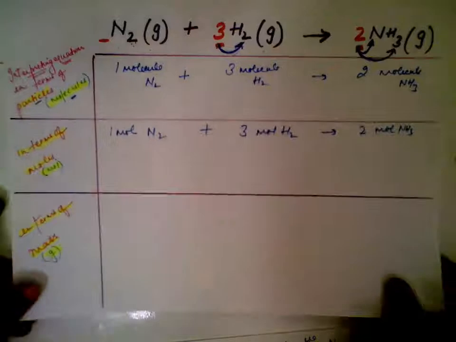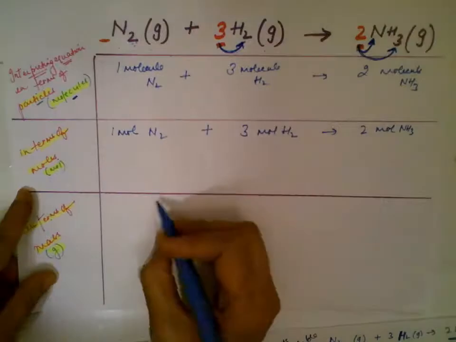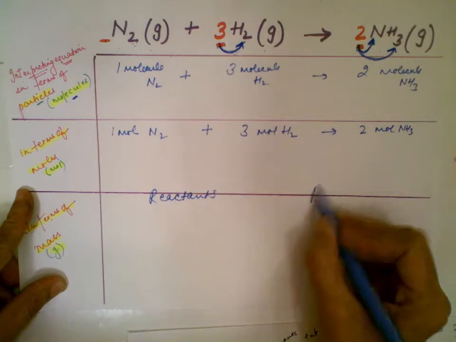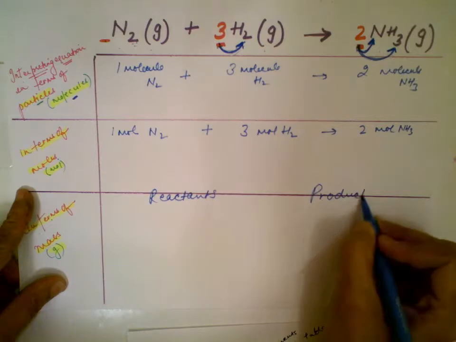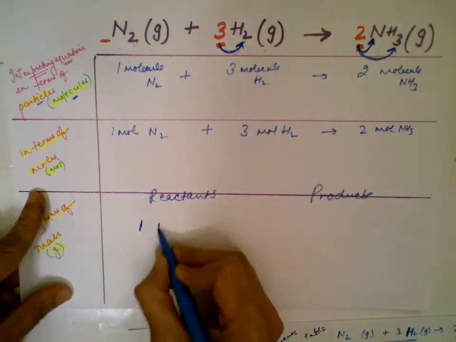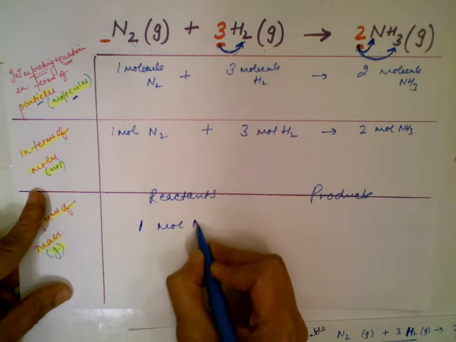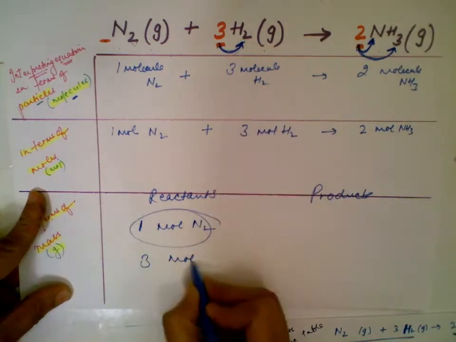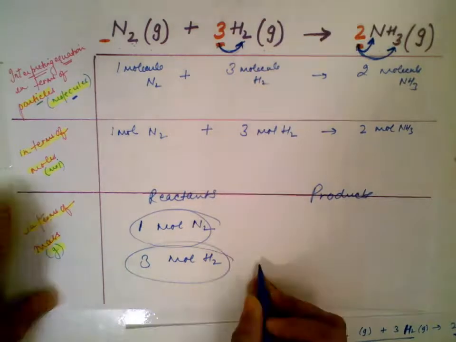Okay, so let me come back here. This side is the reactants and this side is the products. So what are my reactants? I have 1 mole of nitrogen. That's my reactant. I have 3 moles of hydrogen. That's my reactant.